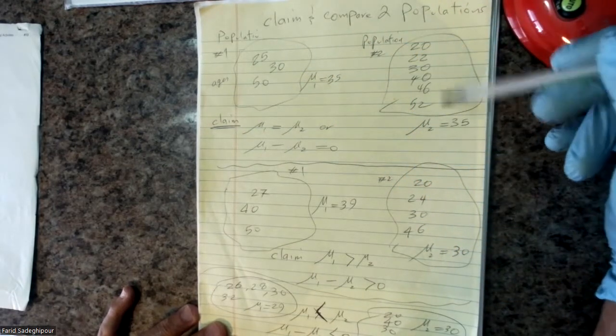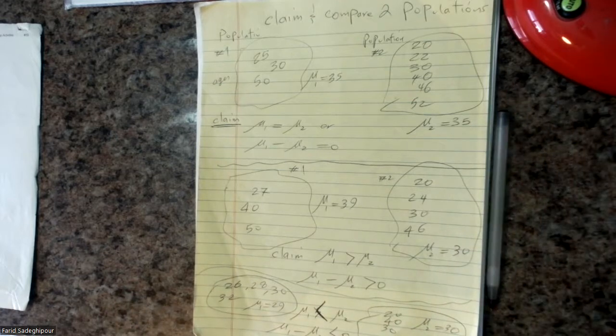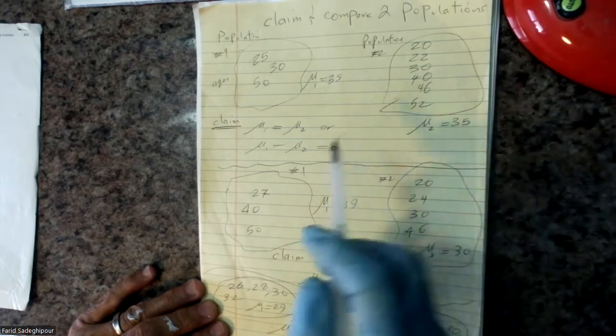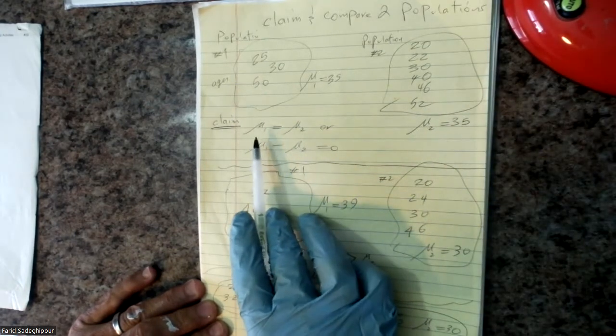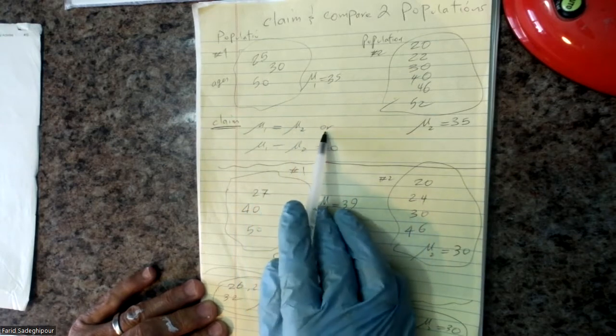When I calculate the mean for the other population, that one is also 35. So we claim that the mean of the first population is equal to the mean of the second population.